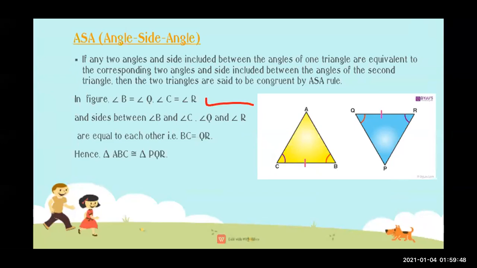Between them there is one side, that is BC and QR. So here triangle ABC is congruent to triangle PQR. See here, angle side angle means there should be two angles and one side. So it is which type of test? It is angle side angle.